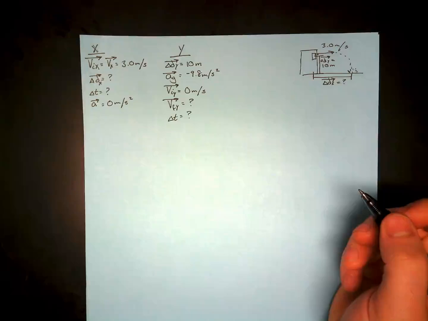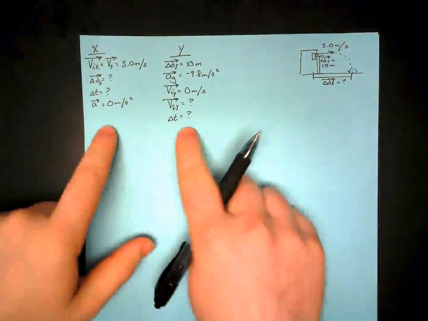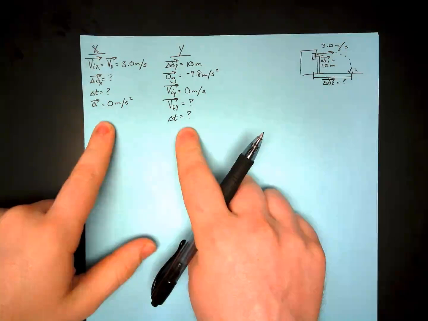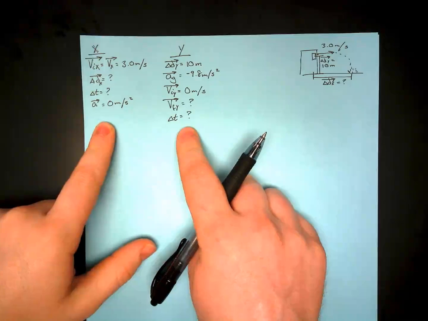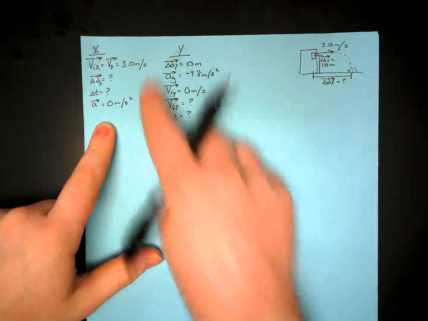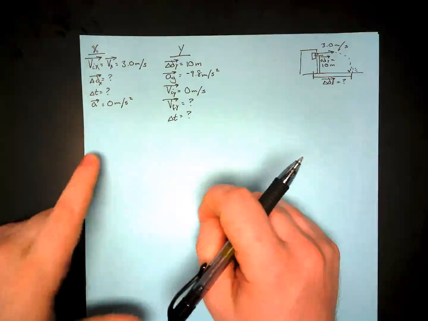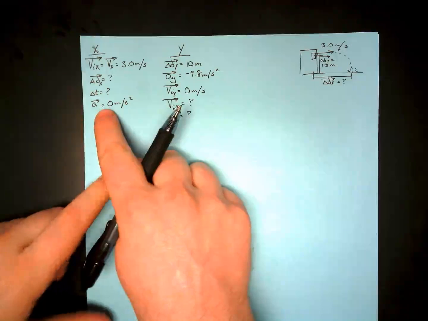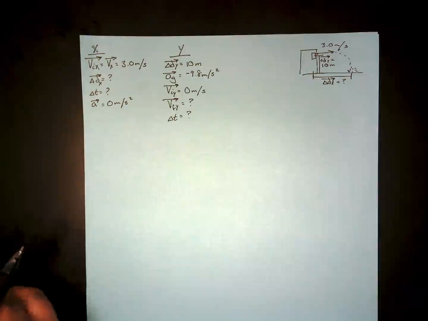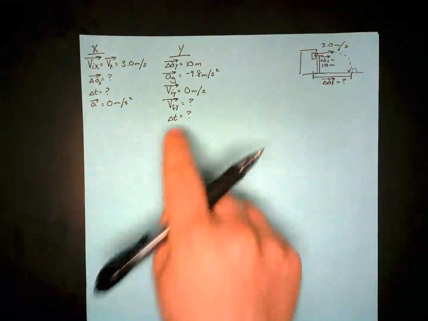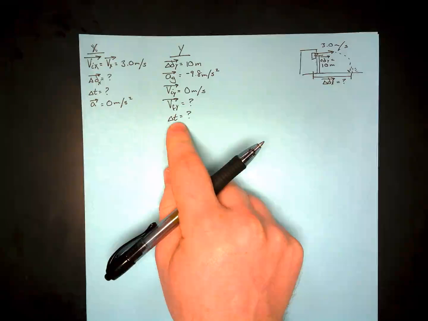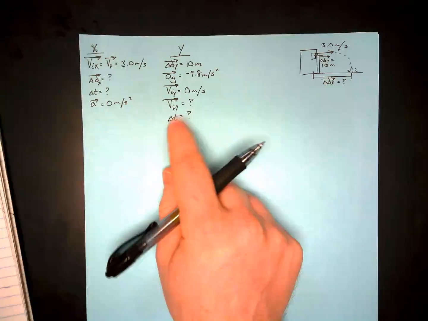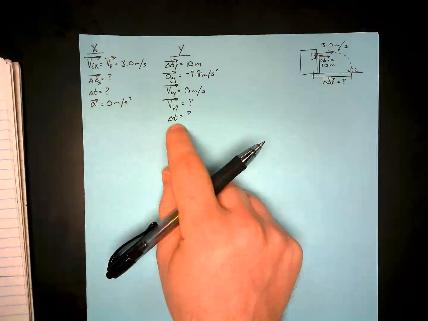Just by looking at the number of variables we have available, we can see that our y variables give us a lot more to work with than our x. Because of that, we're going to solve for time first by using our y-axis material.